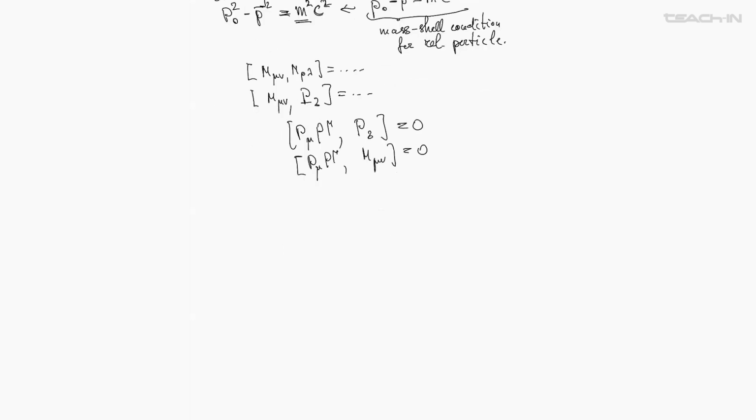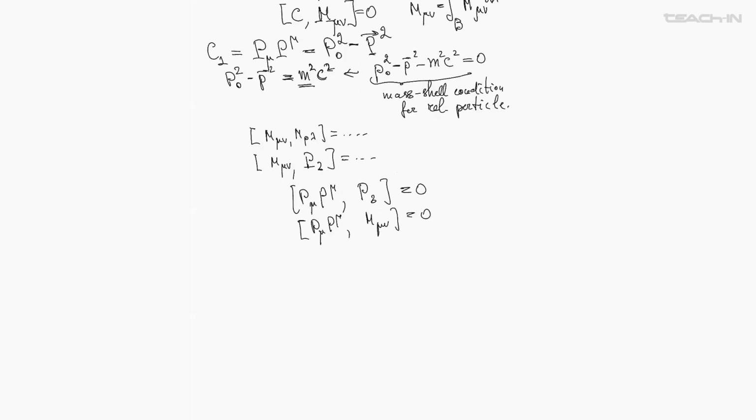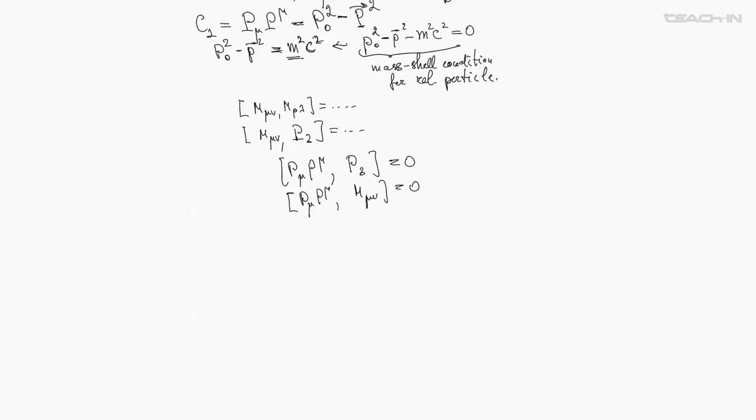The second Casimir is constructed by using a certain special vector, W^α or W^μ, which is constructed in the following way. You take the fully antisymmetric tensor with 4 indices, epsilon μνρλ, multiply it with p_ν, summed over ν, and then take the tensor of angular momentum with indices ρλ, summed over ρ and λ.